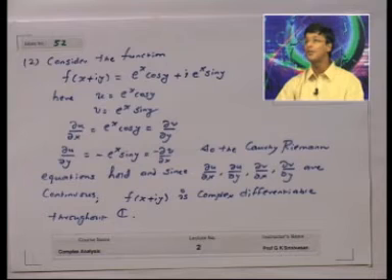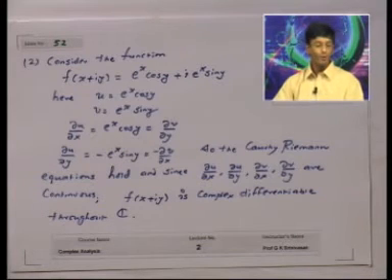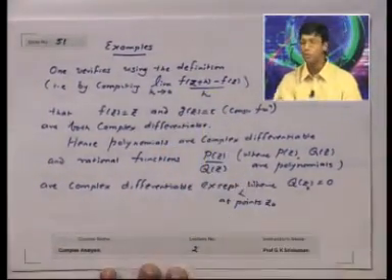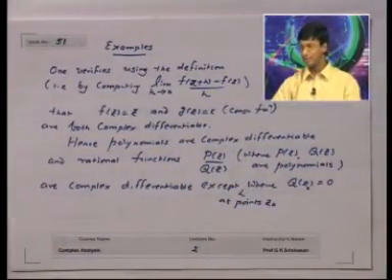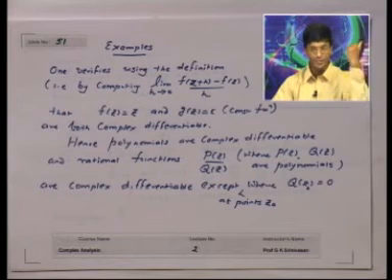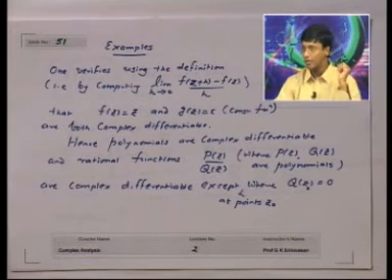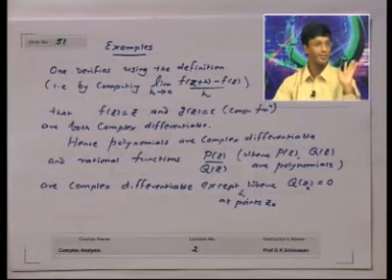This is an important question, right? Suppose a student asks you this, how do I know? You claim that using the definition and the rules of calculus, f(z) equal to z is complex differentiable, constants are complex differentiable, polynomials are complex differentiable, rational functions are complex differentiable. We are very happy.